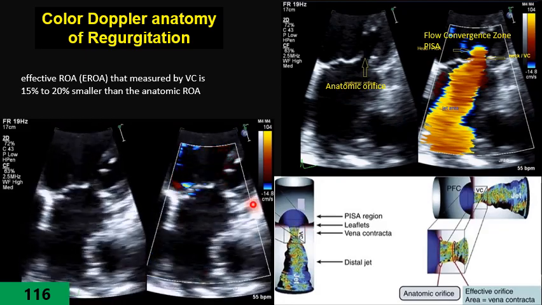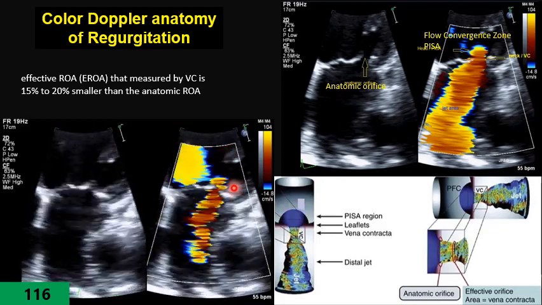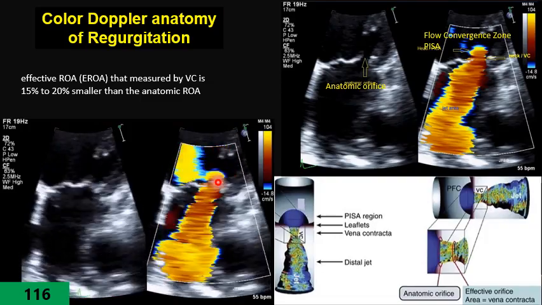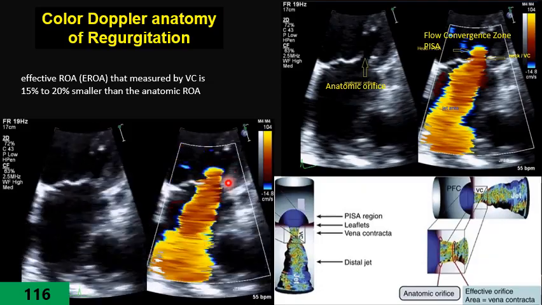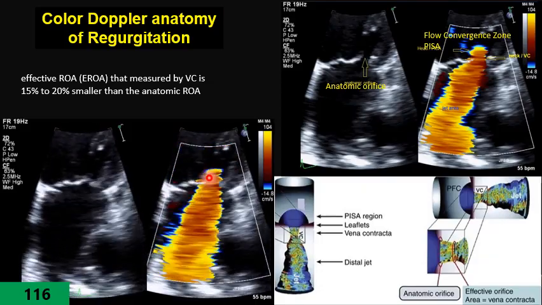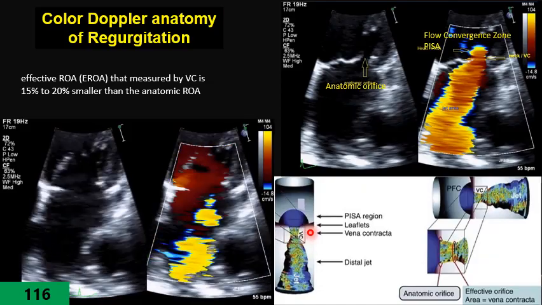In other words, the same concept: this orifice, and especially its canal, acts as a lens and makes the jet a little narrower at the end of the neck.